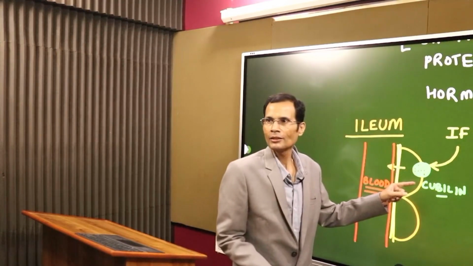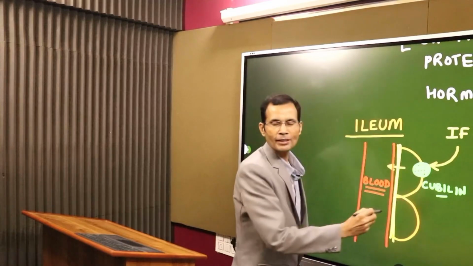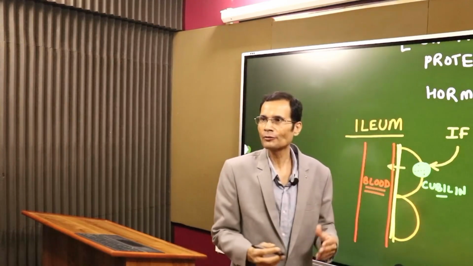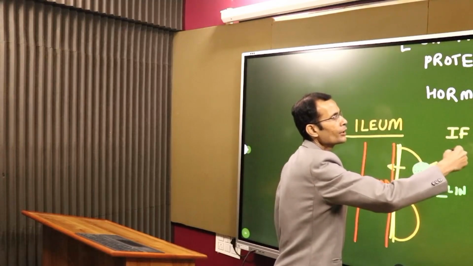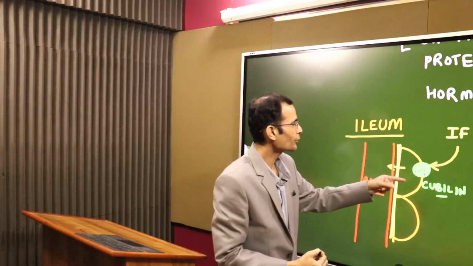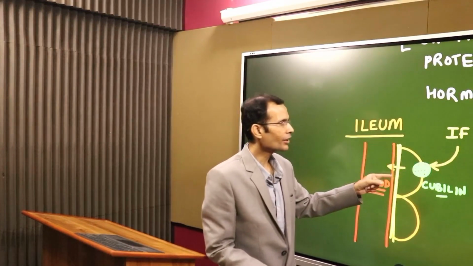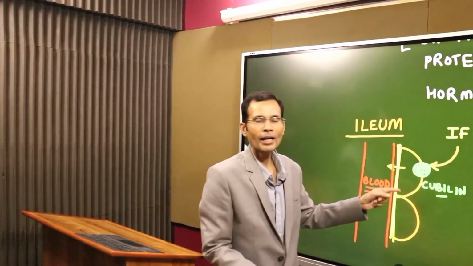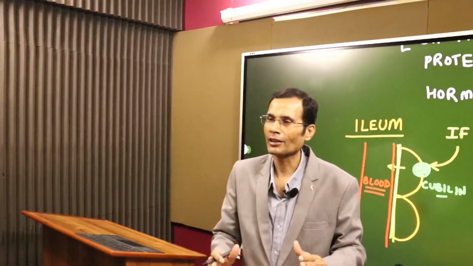This cubilin is present in the membrane. It's a membrane glycoprotein, as we saw. And the intrinsic factor B12 complex, which has traveled from the stomach all the way to the ileum, will be endocytosed and internalized after it combines with the cubilin. So now we are on track.